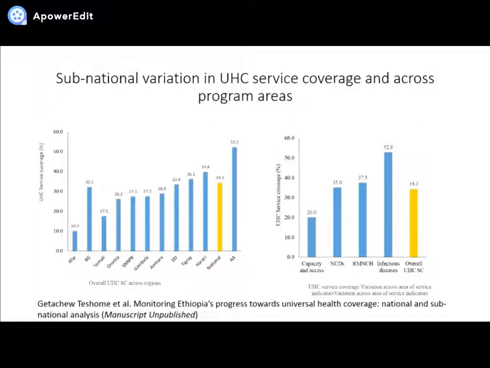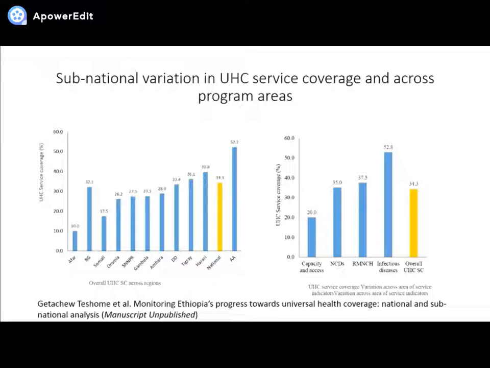There is a good estimate based on country-level data on UHC, and you can see there is very low universal health coverage in Ethiopia. And there is also very huge variation across different regions. Ethiopia is a country with more than 100 million population, and each of the regions is comparable with some kinds of countries.